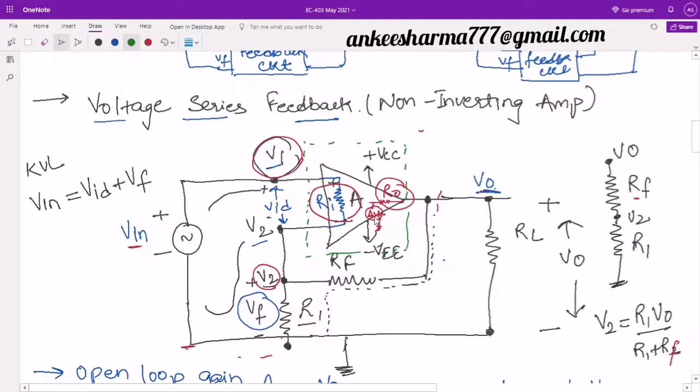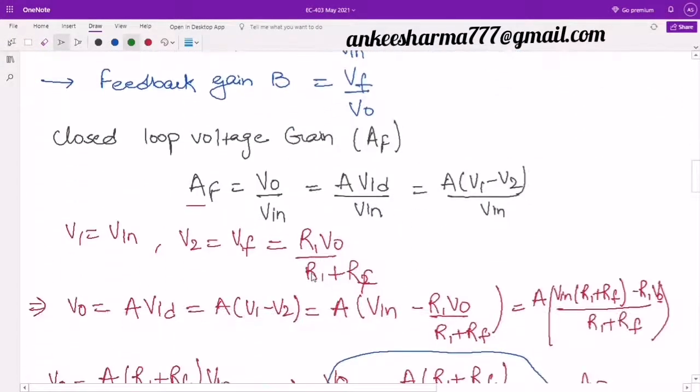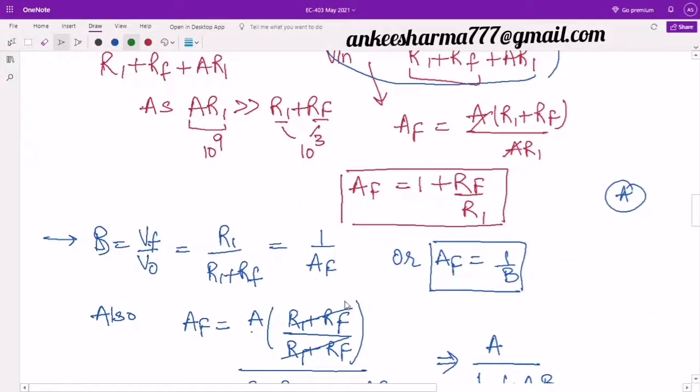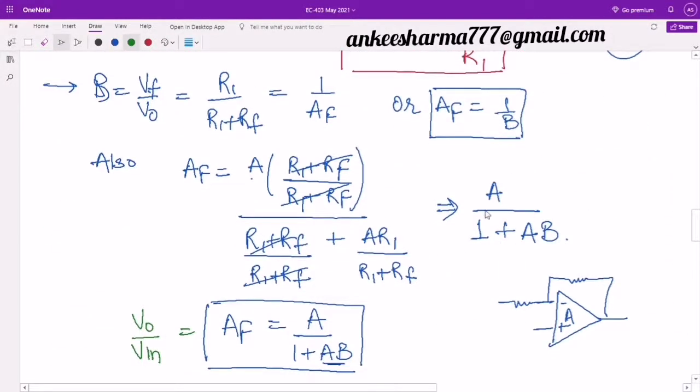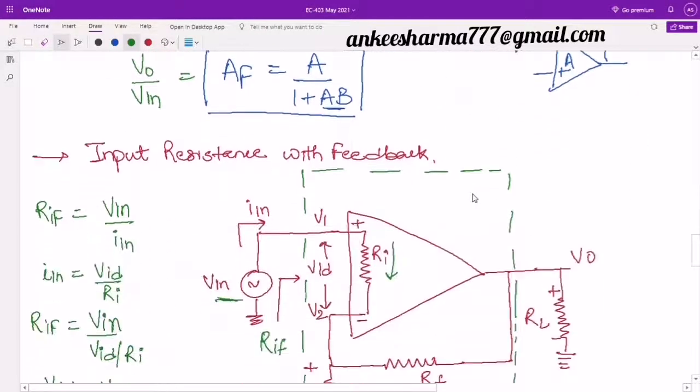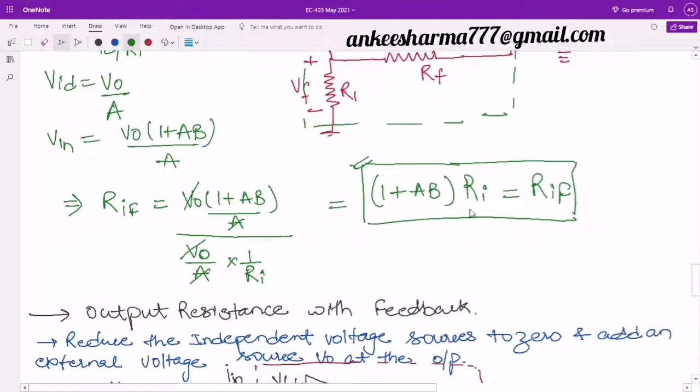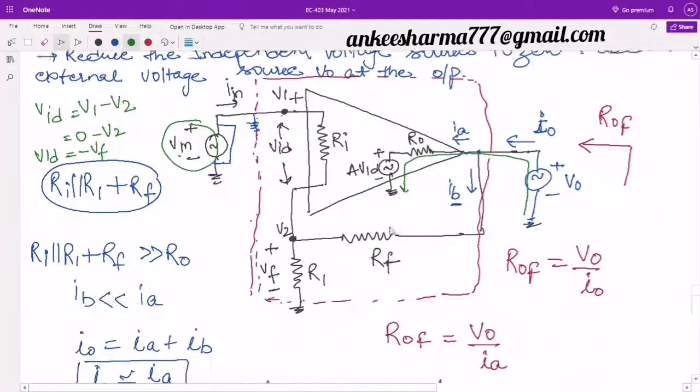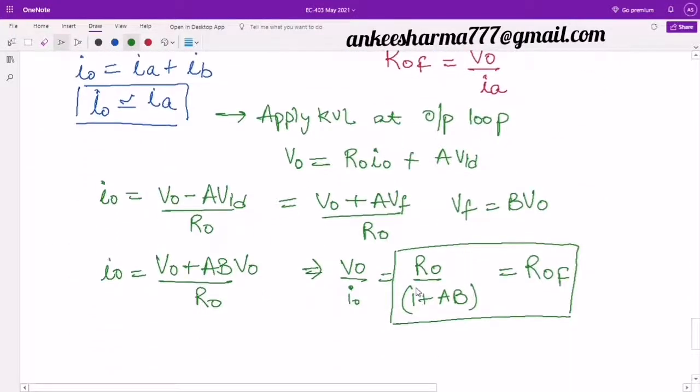We have seen that our closed loop gain AF is equal to the open loop gain divided by 1 plus AB, which means the gain has reduced, and it is obtained in the form of 1 plus RF by R1. Second, we calculated the input resistance with feedback and obtained that it is increased by the factor 1 plus AB. And third is output resistance, which has decreased by the factor 1 plus AB. So I will stop my lecture over here. Any doubts in today's lecture, just let me know.